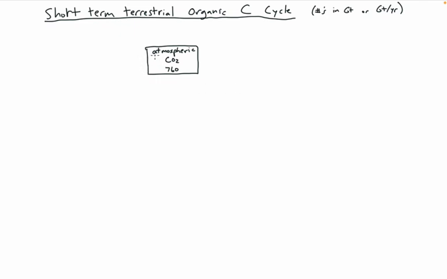So the way that carbon dioxide leaves the atmosphere that we've talked about was photosynthesis. So photosynthesis takes carbon from the atmosphere and transfers it to what we call primary producers.